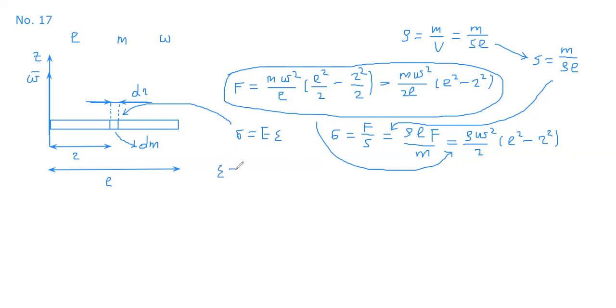Elongation is equal to delta R divided by dr. As you can remember from our lectures, there was a formula that relative elongation is equal to absolute elongation divided by the initial length of the body, and we have used this formula here.